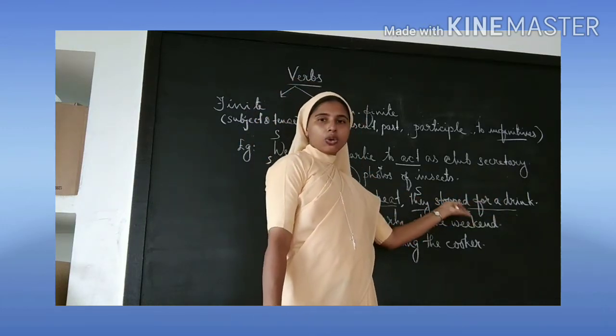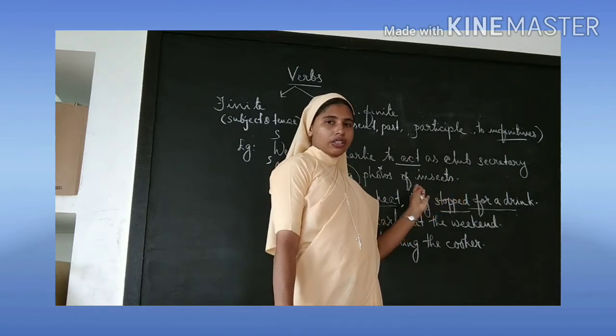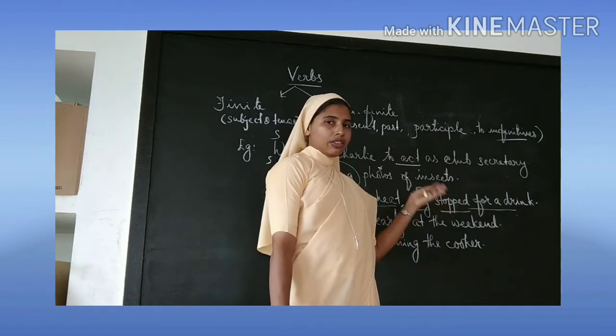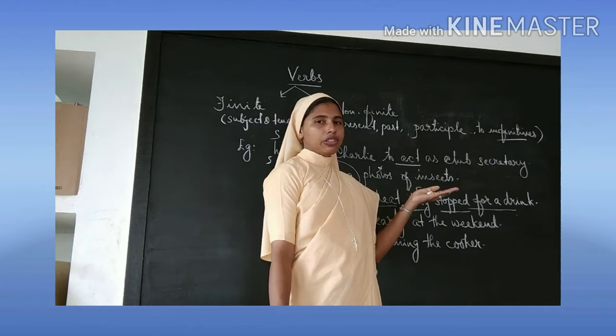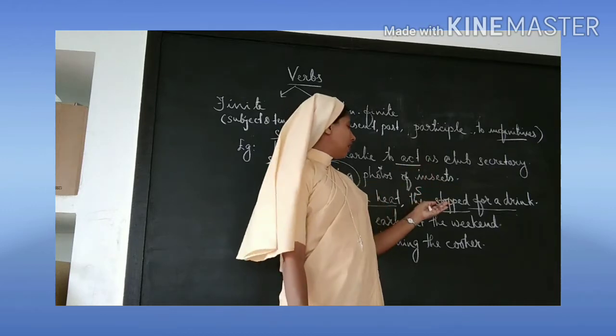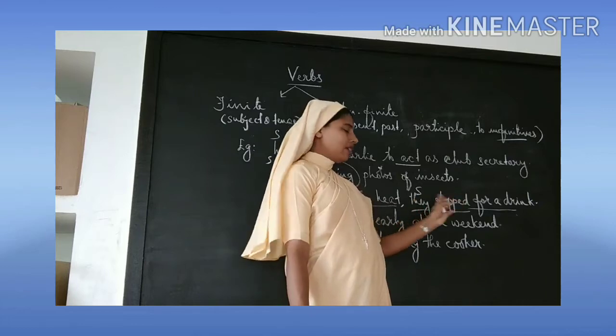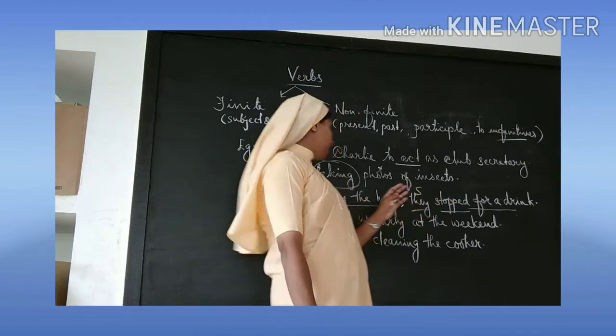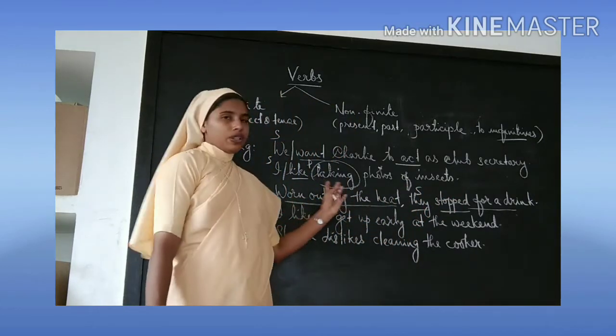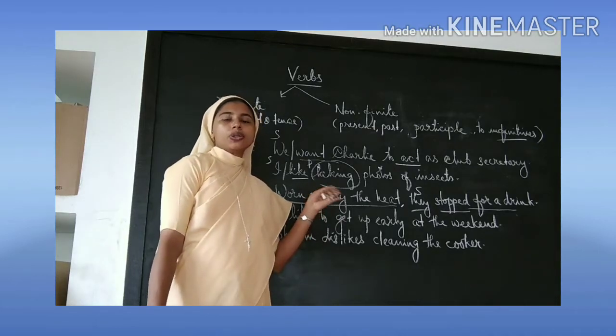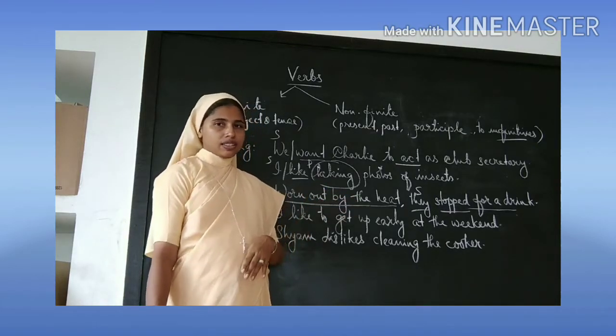It changes according to the number. For example, if the tense is changing, there will be changes with the verb. And worn out. This worn out is used as a verb also in other sentences.